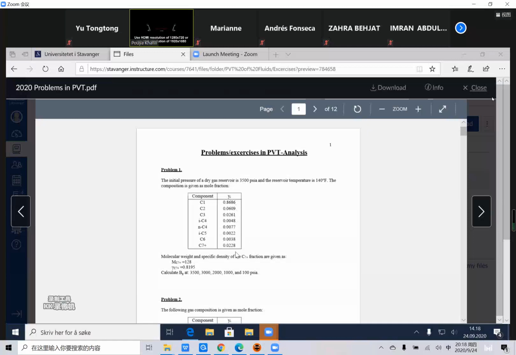So what we have to find is the formation volume factor of the gas at 5 points. We have the molecular weight of the C7 plus and a specific gravity of C7 plus here.